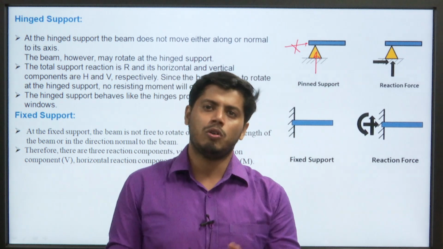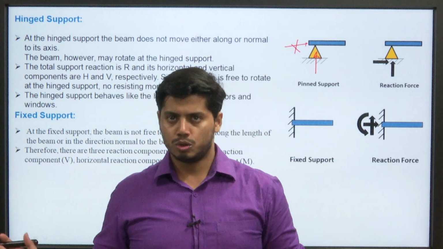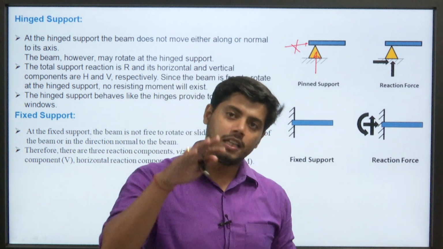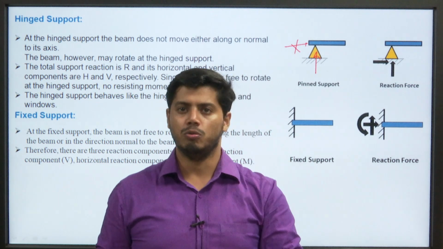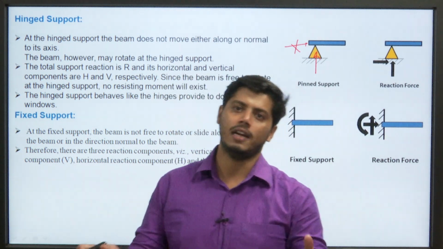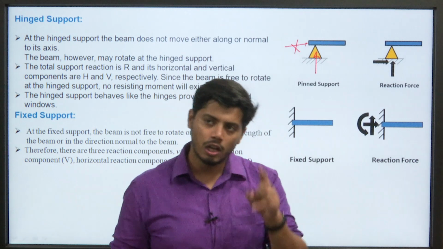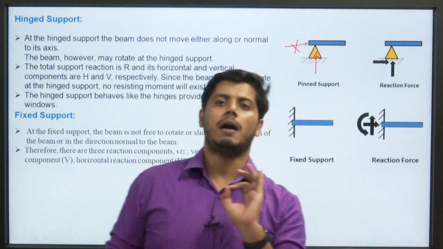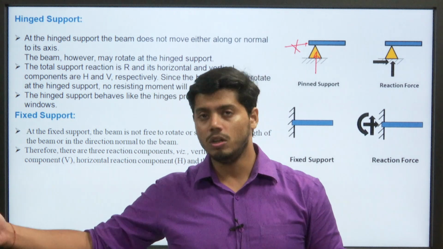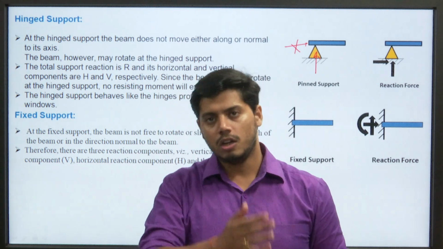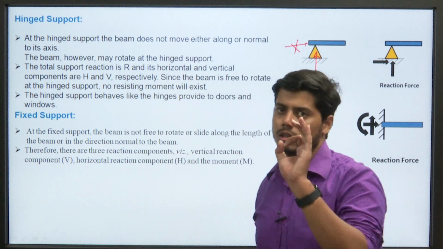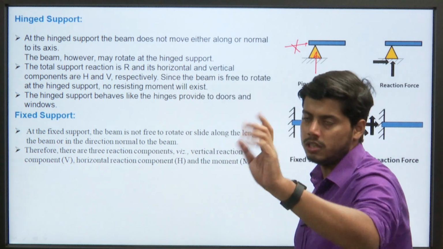In a traditional door, we can only swing in and out to open and shut it, and we can neither move the door up and down, because there is no slider provision. So the door is a perfect example of a hinge support, because there is resistance along horizontal movement and along vertical movement.